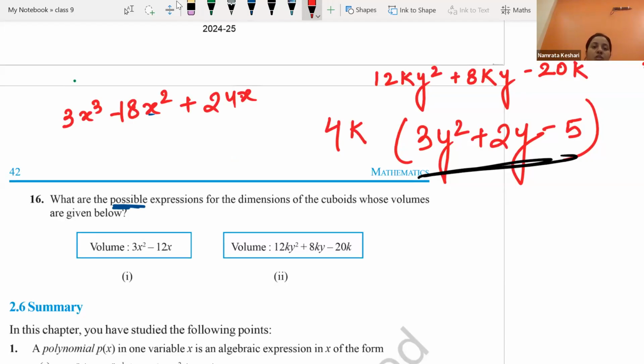At first, can you see 3 can be taken out as a common factor, and x also can be taken out as a common factor, and you are left with x square.